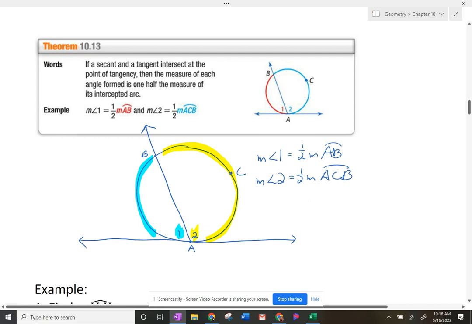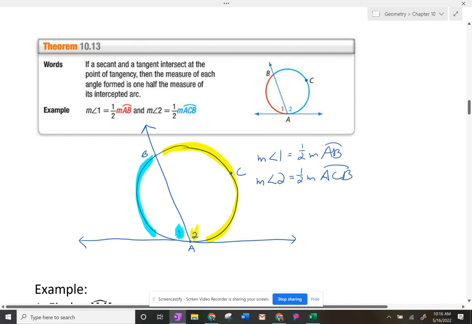If it does that, to figure out angle 1, so I'm going to show this one up here. So again, I got my secant coming through here, my tangent right here. To figure out this angle, I'm going to take this whole measure and divide it by 2.